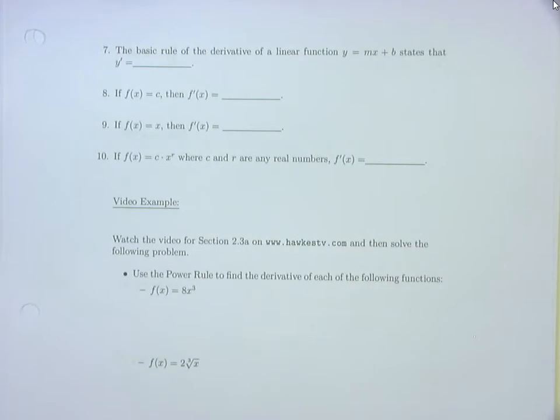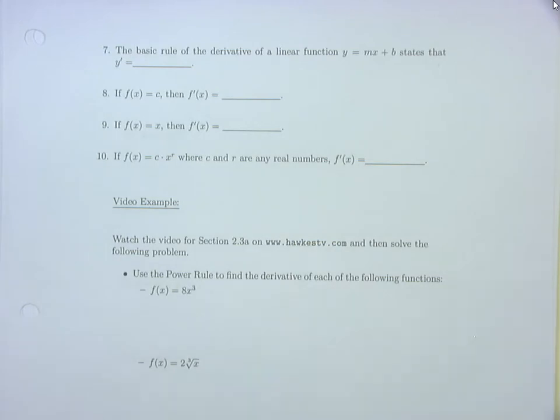Basic rules. All right, so as we continue on with this stuff. This is what I was talking about before, but this is their fancy way of writing it up. I thought I'd give you my own little take on this stuff, so hopefully you took notes on that. The basic rule of the derivative of a linear function, y equals mx plus b, states that y prime equals what? We're beating it to death. The derivative is the slope of the tangent line.